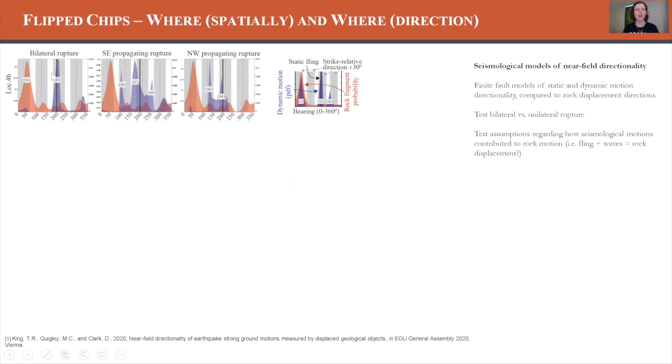And so the II here is where I see things in the opposite direction. So the strong ground motions look like they're going in the opposite direction to the rocks, or where we see peaks that don't seem to correspond to any rock motions, and things like that. So doing that across every location, we have 170 of these graphs, trying to figure out whether we can see patterns in what the seismic data suggests should happen and what the rocks are recording is happening, to see what we can say about that.